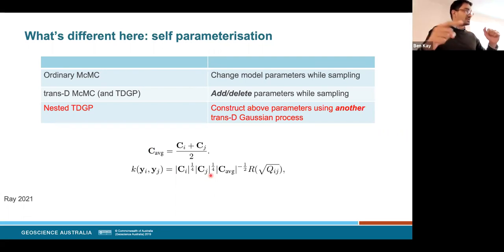That kernel changes. So that allows for the length scales in your model domain to change with space. And you'll notice here that if i equals j, then these 1/4, 1/4, and half terms just cancel out, and you're back to life as usual.